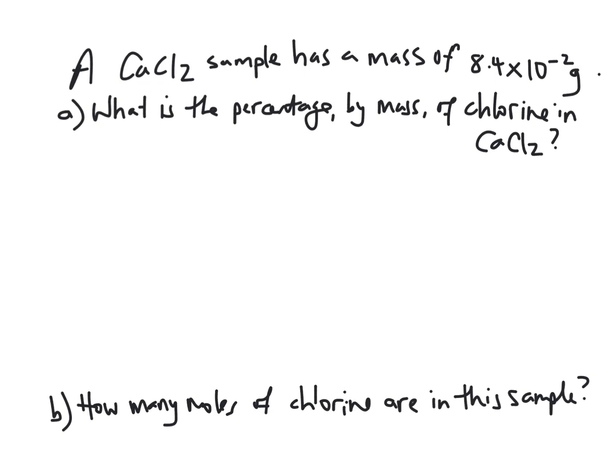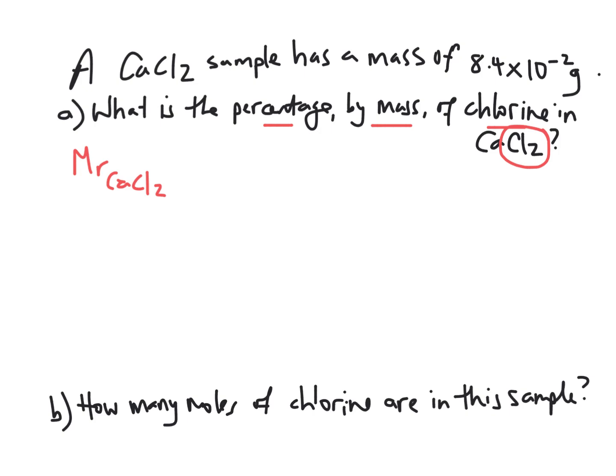All right, so first off, in answering A, we're trying to figure out the percentage by mass of chlorine. So we want to just isolate this part here, the Cl2 of the calcium chloride. To do that, we'll figure out the molar mass, the relative molecular mass, of calcium chloride, and then take the proportion of it that is accounted for by chlorine.